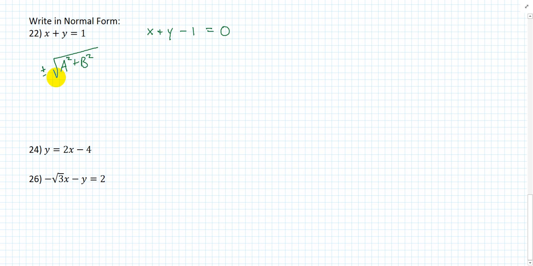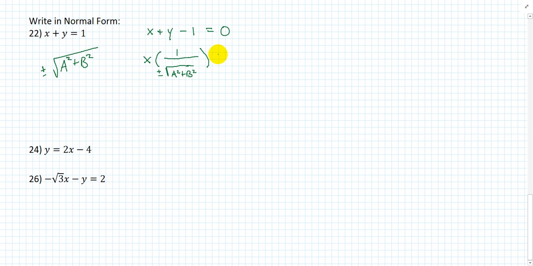And we're going to have a plus or minus here, and I'll explain the plus or minus as we go. So in this problem, you would have x, and I like to move things over to the right side. This is going to be the a, so it's going to be 1 over plus or minus the square root of a squared plus b squared.